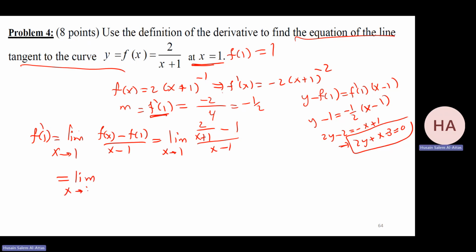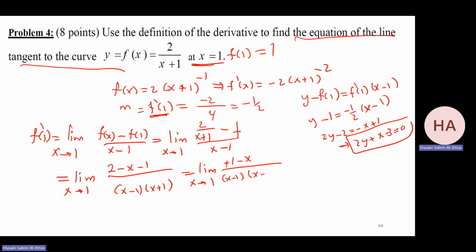That will be the limit as x goes to 1 of (2 minus x minus 1) over (x plus 1)(x minus 1), so 1 minus x over (x minus 1)(x plus 1). Cancelled, minus 1 over 1 plus 1, substitute, minus half, which is the same. So this is my equation.